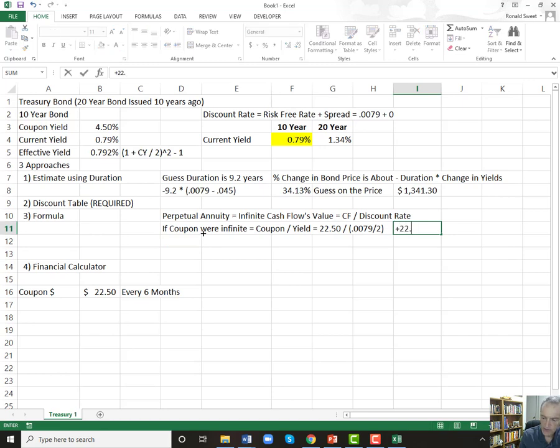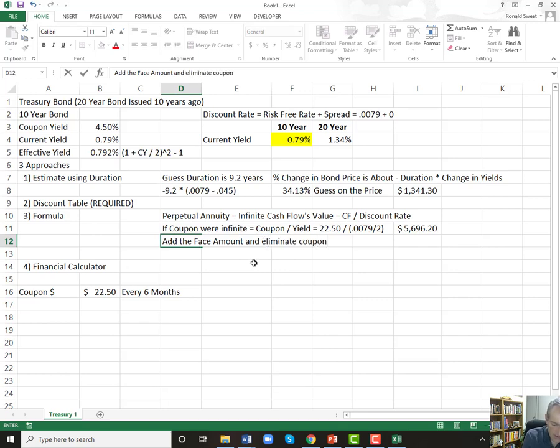So $22.50 divided by 0.0079 divided by 2. But we're not going to get that coupon for all of eternity. So what we have to do is add the face amount and eliminate coupons after year 10.